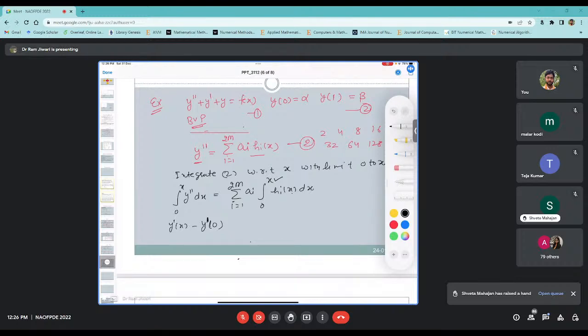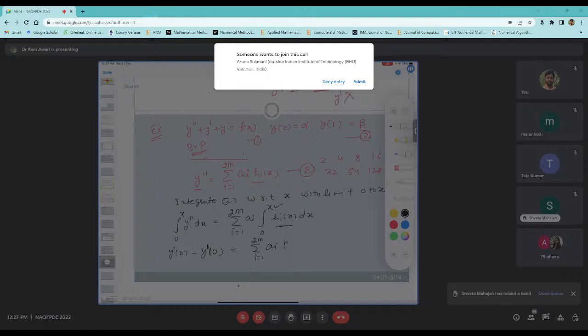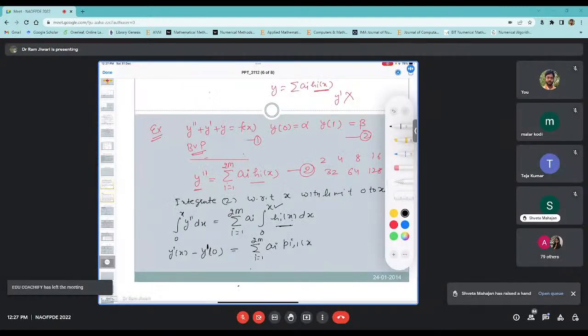On this side, the summation i from 1 to 2m of a_i times the first integration, which I already explained is p_i1, so p_i1 of x. But y dash of 0 is unknown here, and these are the boundary conditions, so I cannot apply them here because it is y dash 0.